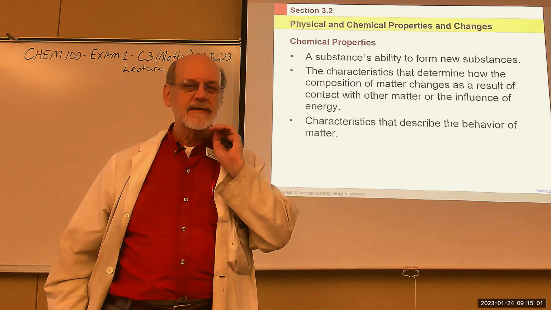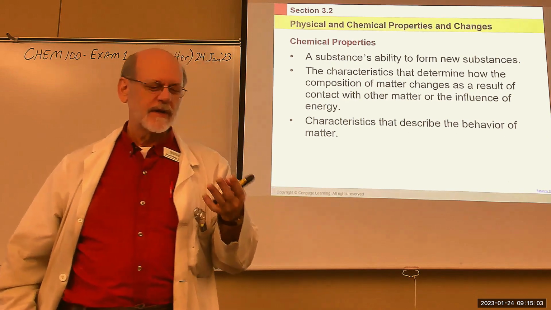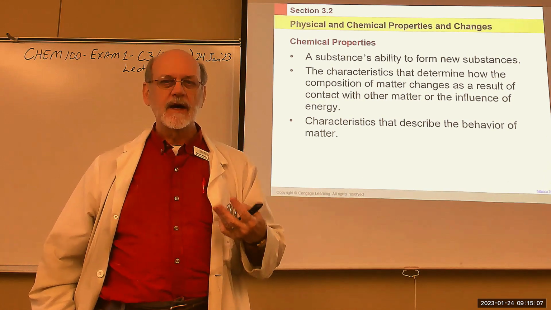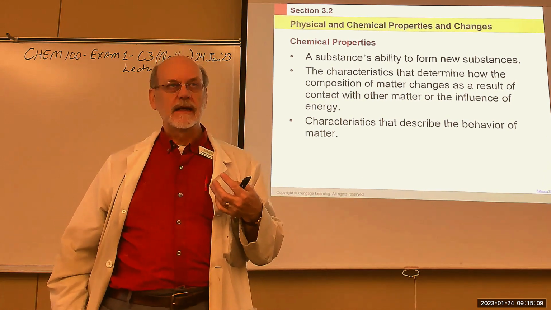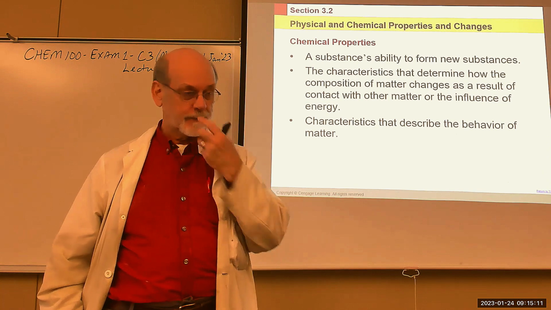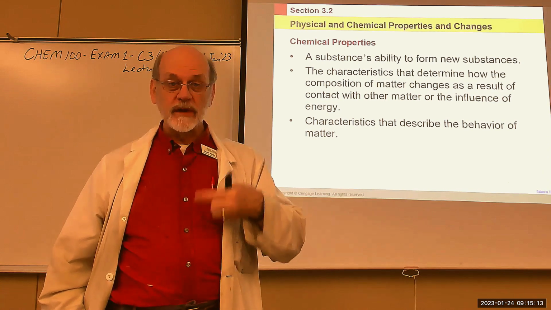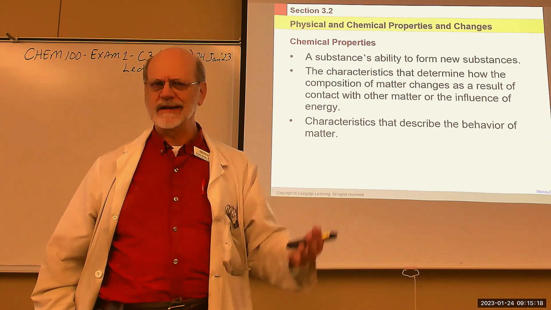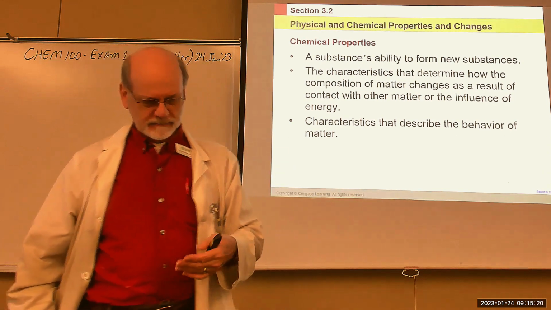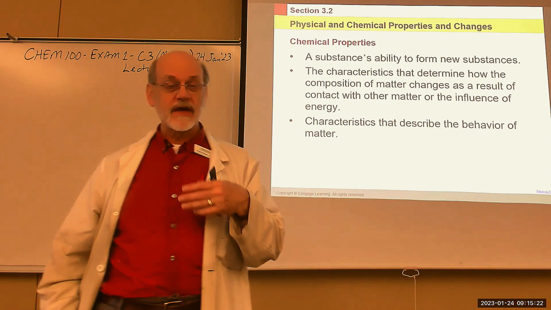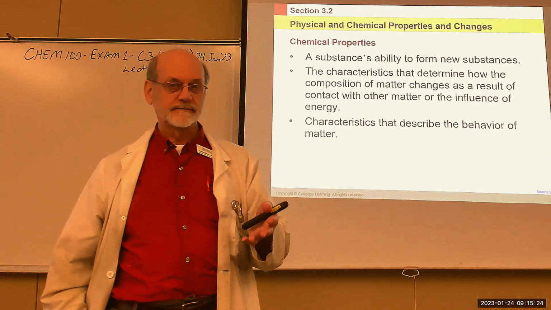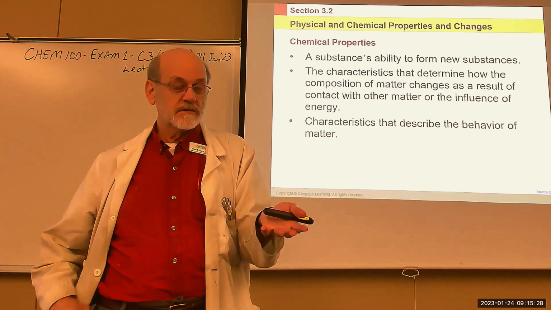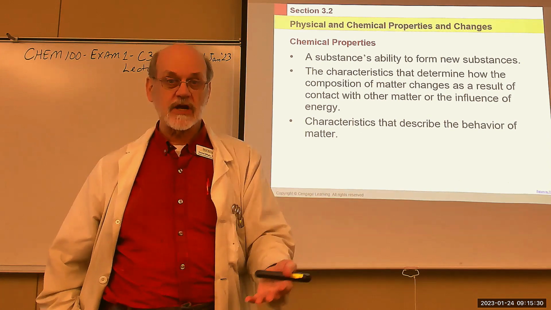It may, and very often does, speak to the reactivity of a substance. For instance, sodium metal can react with water very violently. That's a chemical property of sodium. We didn't say it changed. No, we haven't done the change, right? We just say it has the potential to change.